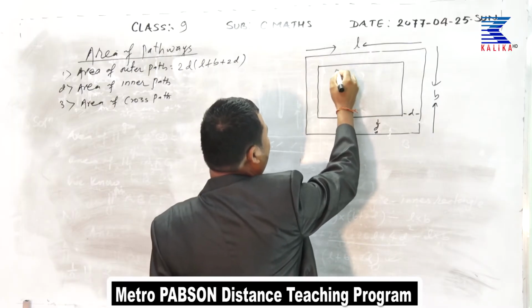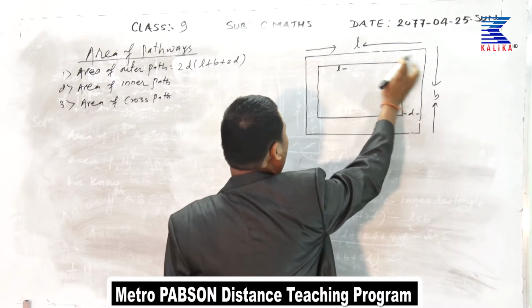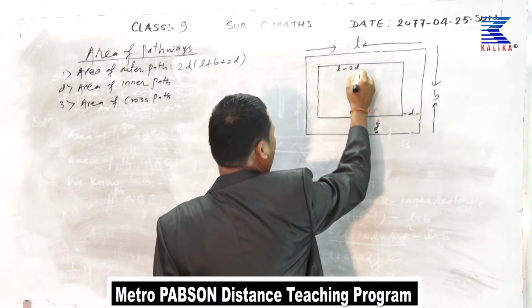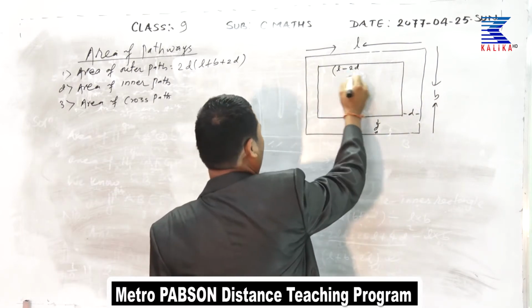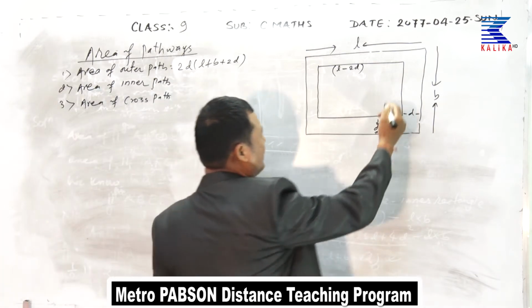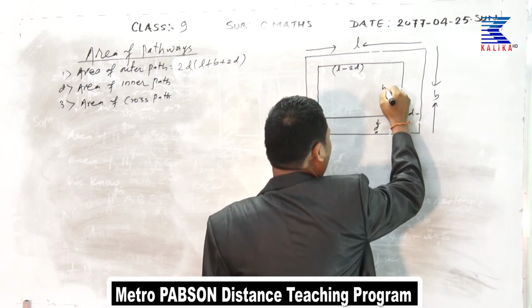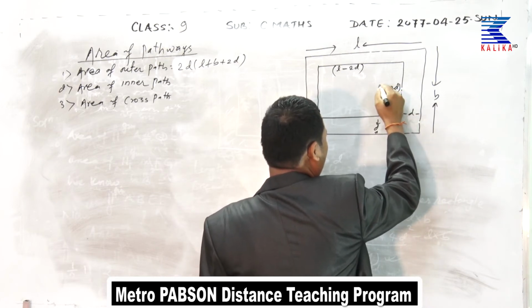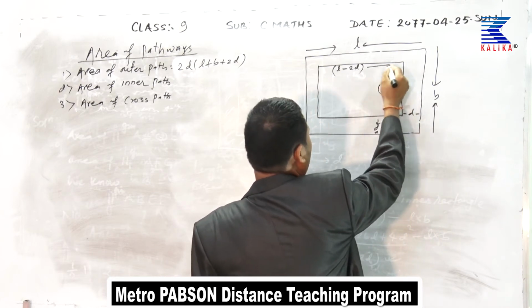Its length is L minus D, means L minus 2D. And breadth is B minus 2D.